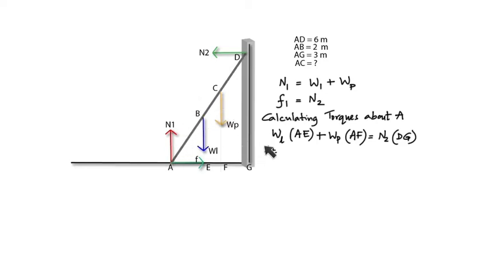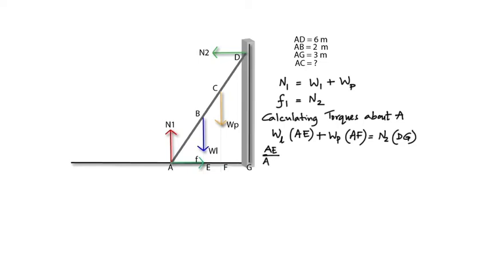So we have to now represent AE in terms of the given distance AB. AE in terms of AB, that's easy because you have a triangle here, you have another triangle here, and you have a third triangle here, right? So these are similar triangles and we can take the ratio of the sides.